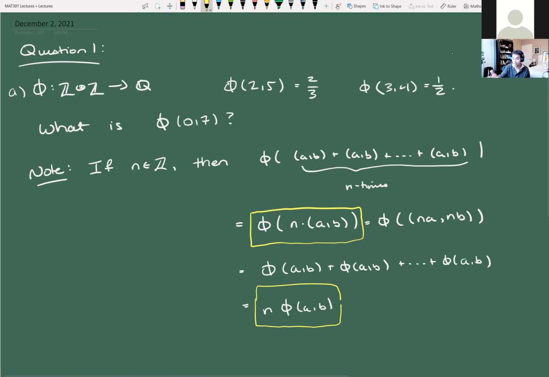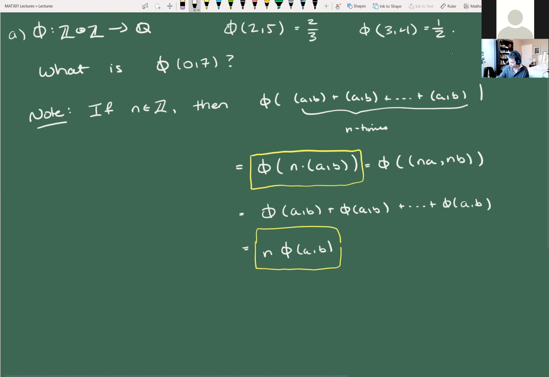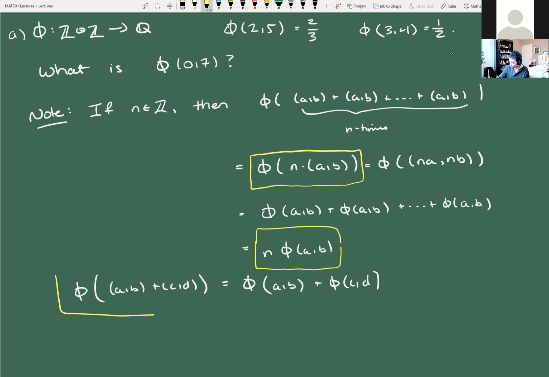That's kind of interesting. And of course it's also additive. I know that phi of (a,b) plus (c,d), this is just what it means to be a homomorphism, is going to be phi of (a,b) plus phi of (c,d). So it looks linear as well. It respects addition and scalar multiplication as long as that scalar is an integer.